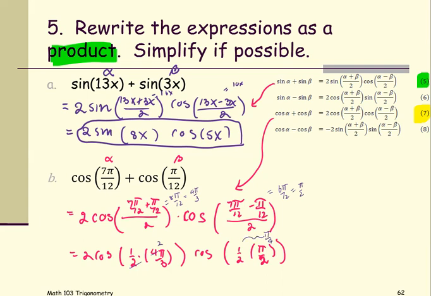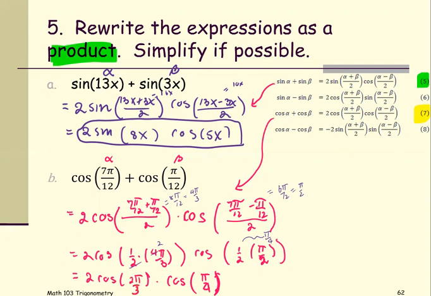Therefore, we get the expression as 2 times cosine of 2 pi over 3 multiplied by cosine of pi over 4. 2 pi over 3 and pi over 4, they are exact real numbers. So then we're going to find the exact value for those.